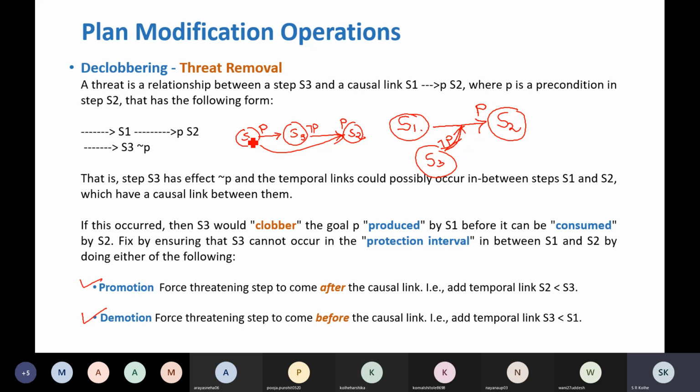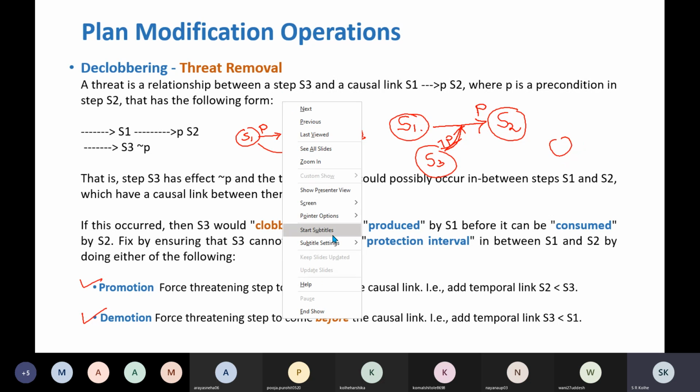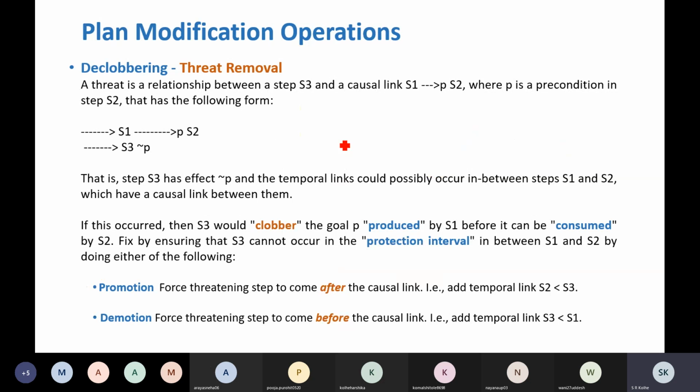Promotion is to force the threatening step to come after the causal link.